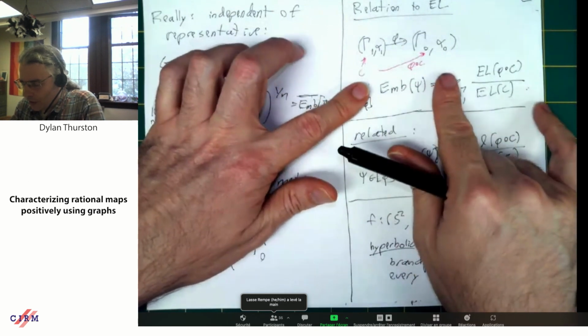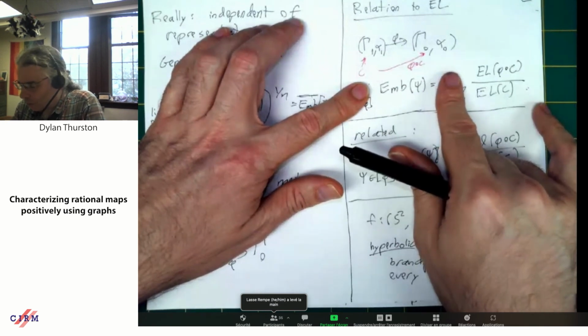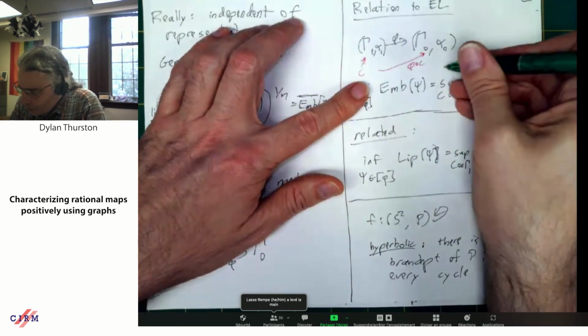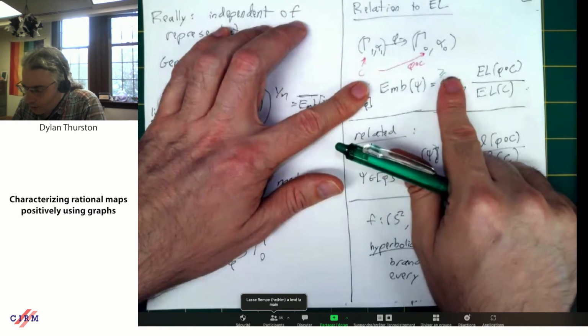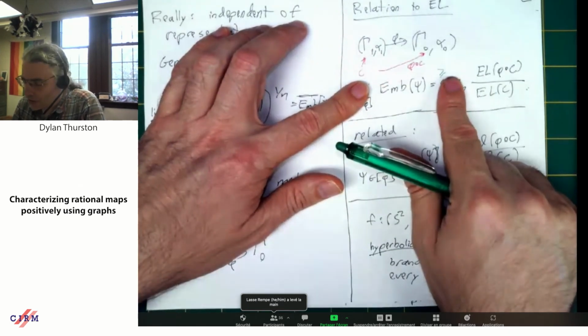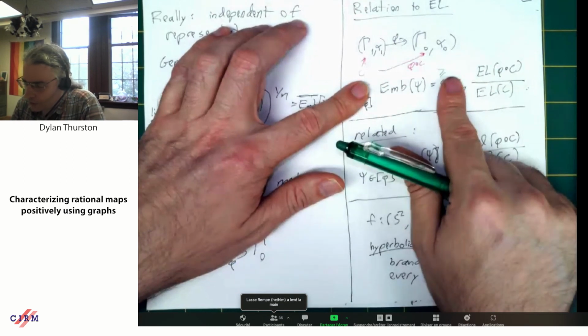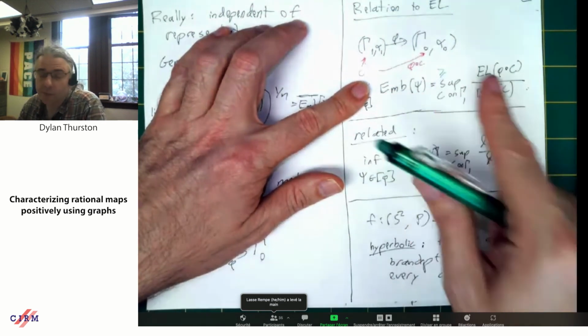So if you have something with embedding energy less than 1, then from this inequality without the infimum, which is much easier, you can immediately see there are no obstructions, using essentially the same proof that there can't be obstructions for actual rational maps.